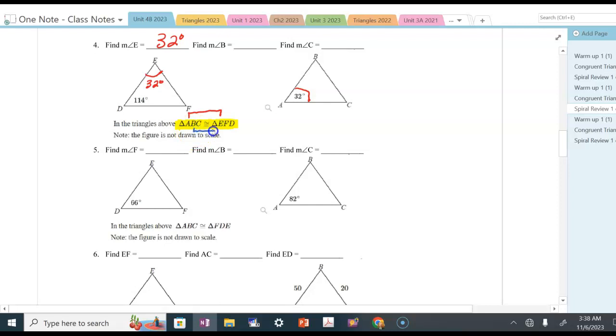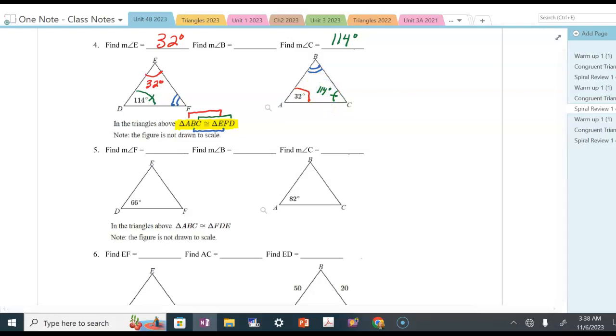Then B goes with F. So B's up here, I'm marking in blue, it goes with F. I don't know that quite yet, I'll figure that out in a second. And then C goes with D, I'll mark that in green here. So C is the same as D. So that means C is 114 degrees.